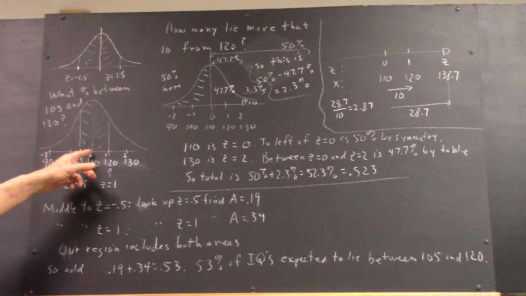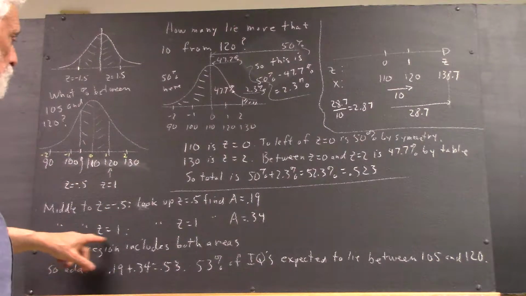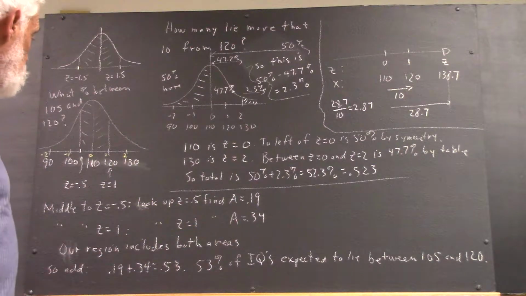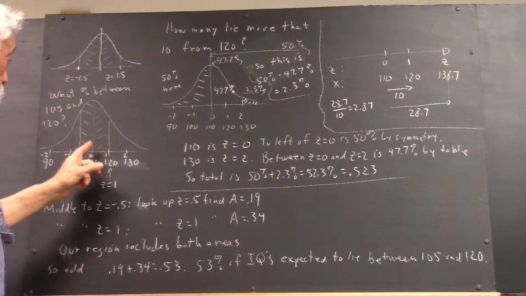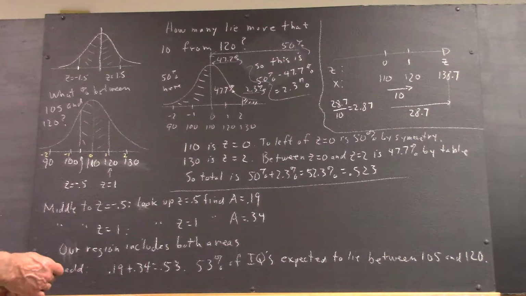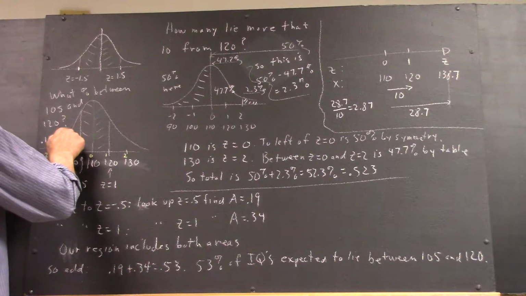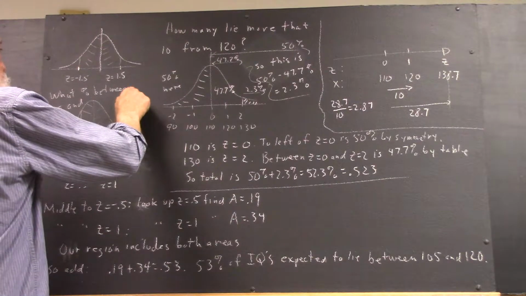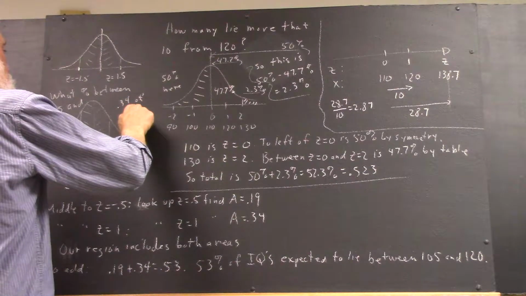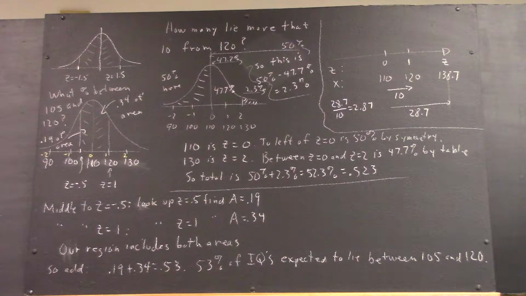Okay, again, it works as well on the right as it does on the left, or it works as well on the left as it does on the right. Then you look up the area for z equals 1. That's 0.34. So you have 0.34 of the area between here and here. You have 0.19 of the area between here and here. So how much of the area do you have?